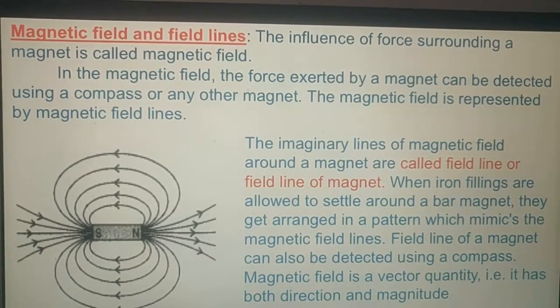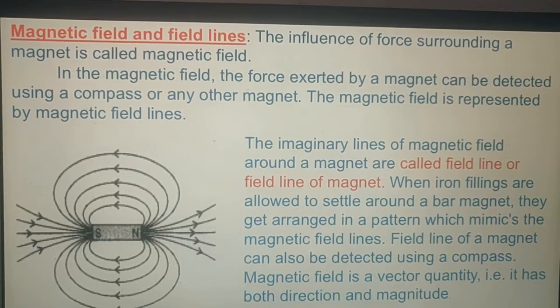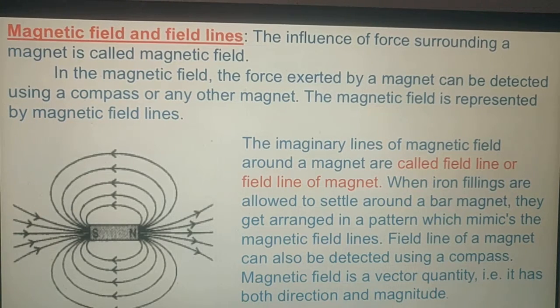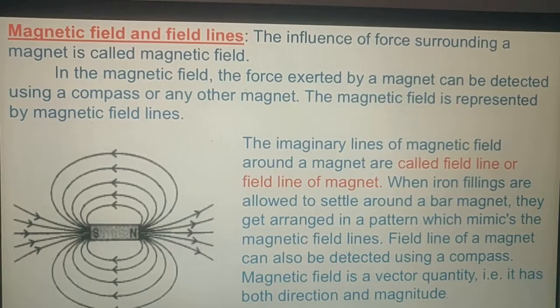Now, magnetic field and field lines. The influence of force surrounding a magnet is called the magnetic field. In the magnetic field, the force exerted by a magnet can be detected using a compass or any other magnet. The magnetic field is represented by magnetic field lines.